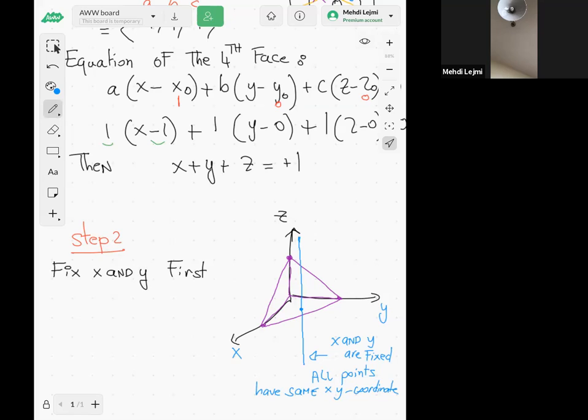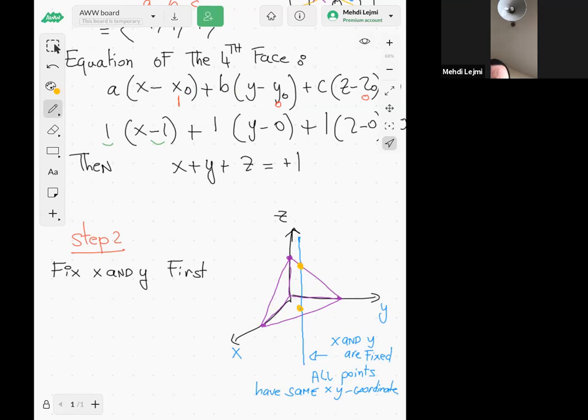If you decide to fix Y and Z, then just take a line which is perpendicular to the YZ plane, etc. So here I decide to fix first X and Y. So I'm going to take this line, which is perpendicular to the XY plane. Now, this line intersects my solid, my tetrahedron, at 2 points. I'm going to use a different color. So I have this intersection here, and this intersection here.